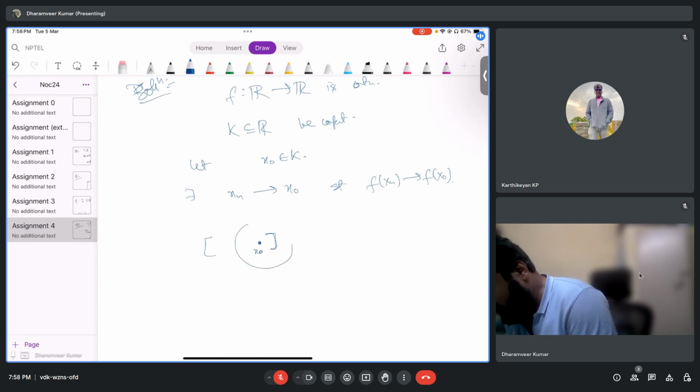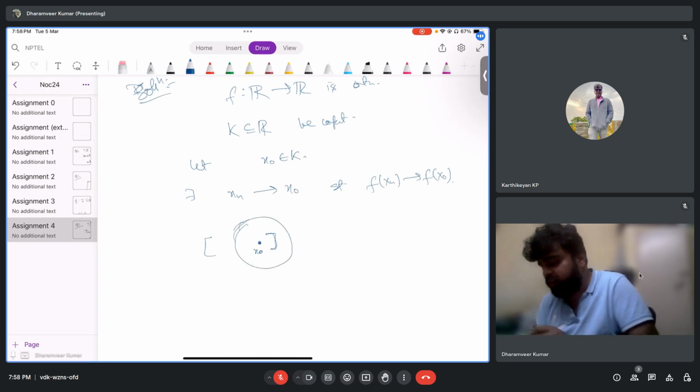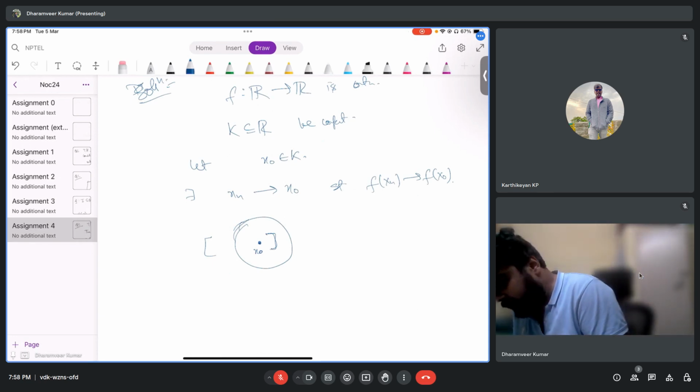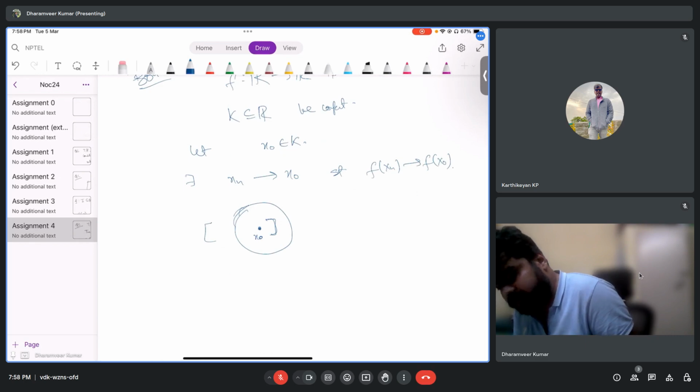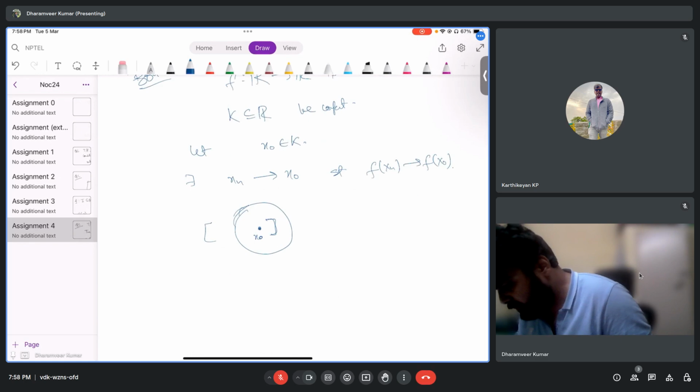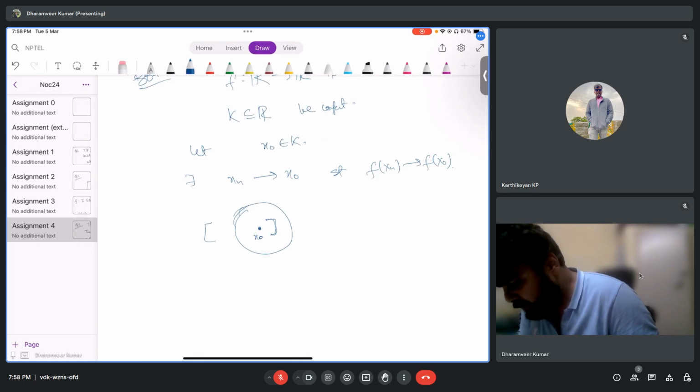I want to find an interval that covers it.